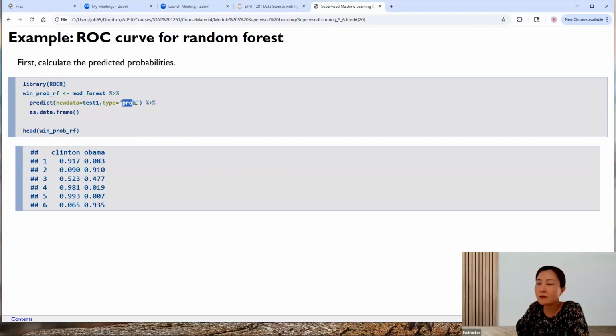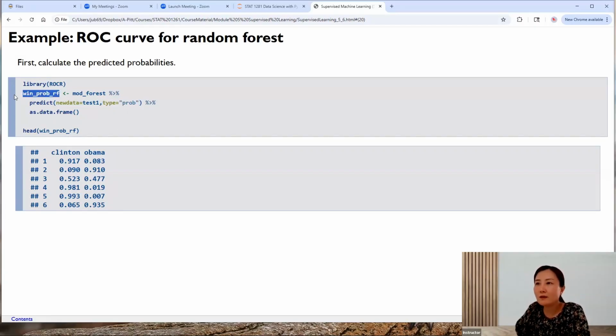Usually with type equals class, it will predict the label. For example, for the first observation, it will return Clinton. The second will be Obama, etc. But we will use these predicted probabilities in order to calculate the ROC curve. So we choose to return probabilities.